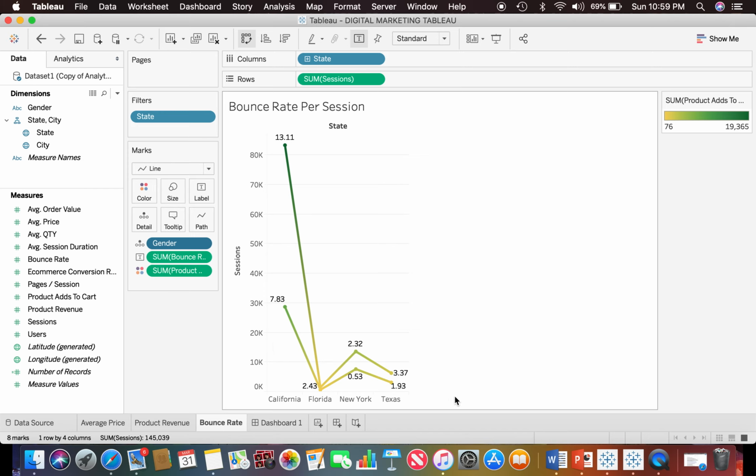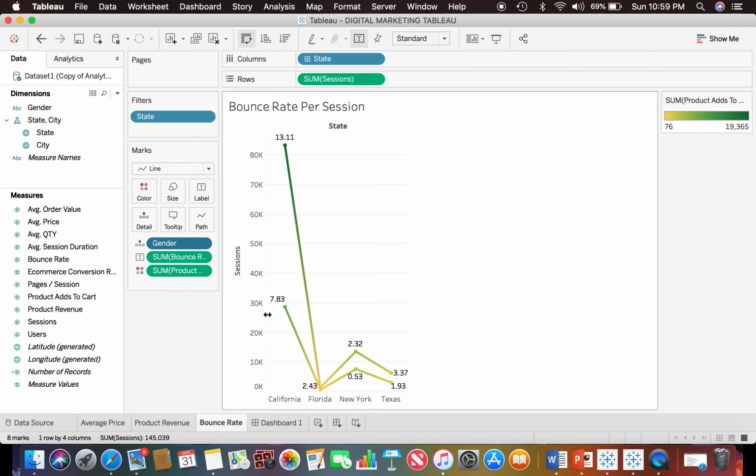A very important factor is the color coordination, between green and yellow. Green is the higher amount of products being added to the cart, compared to yellow, where not as many products are being added to the cart.